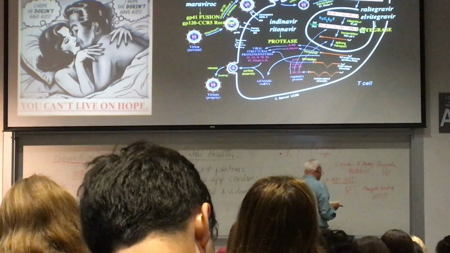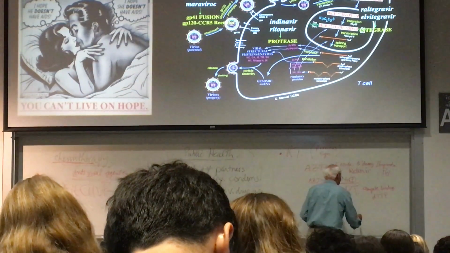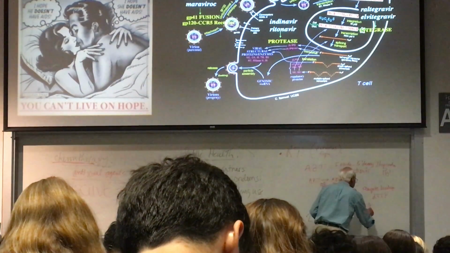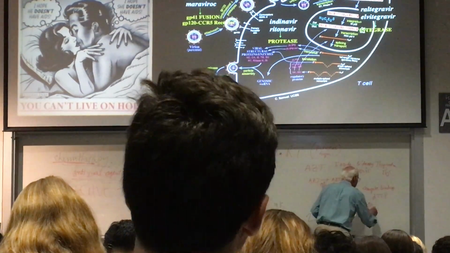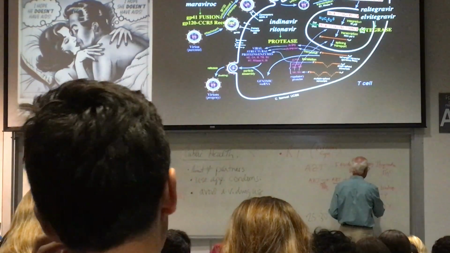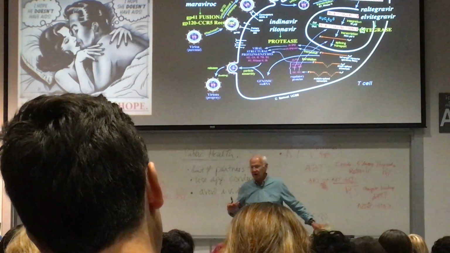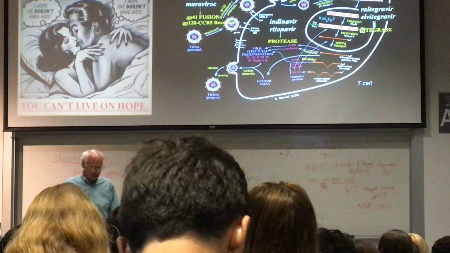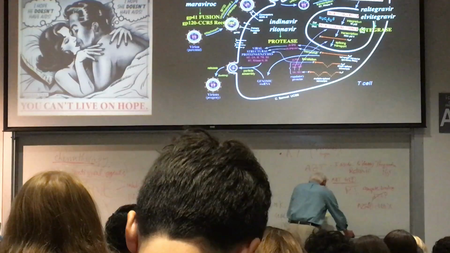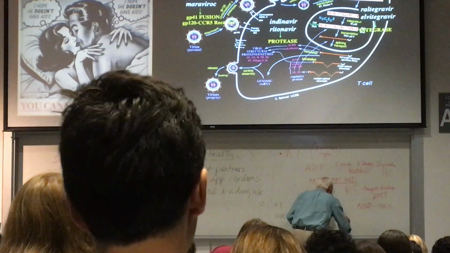So the affinity for AZT triphosphate is about 100 times greater. Basically, you compete out the binding, you bind the inhibitor. So that's one mode of inhibition. The second is it's a chain terminator.